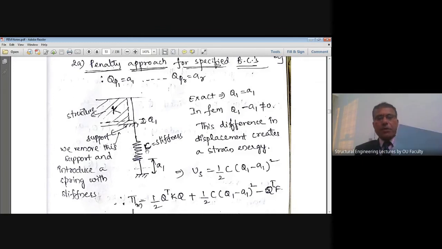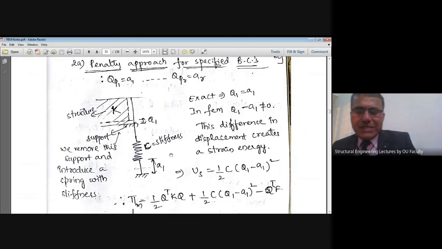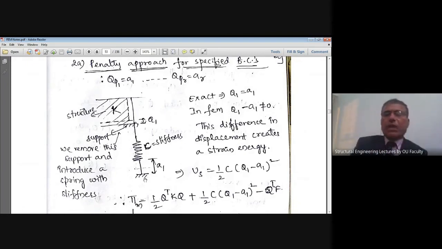Then in the penalty approach, what we do is, in between the structure and the rigid boundary, or whatever boundary over which it is resting, we will introduce a spring having a stiffness of C, at the point where the boundary conditions are specified.